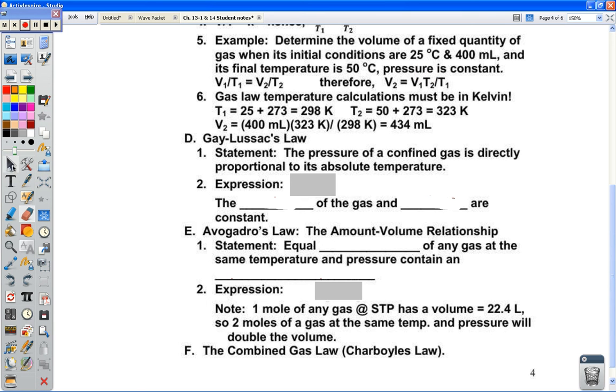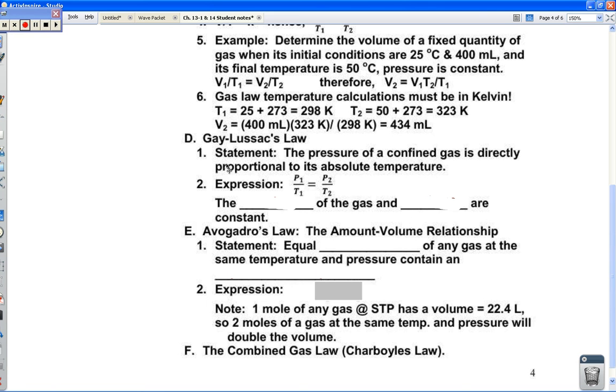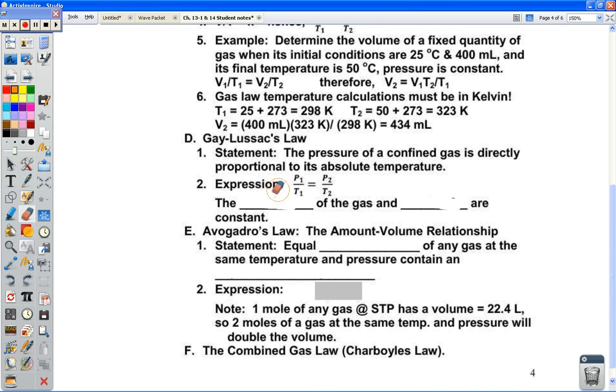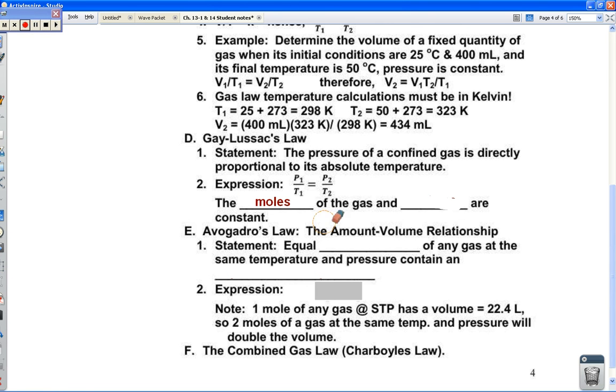Or, when the temperature goes up, the pressure goes up. Temperature goes down, pressure goes down. Alright, so the moles of the gas and what else are going to be constant? Volume. So when the moles of the gas and the volume of the gas are constant.